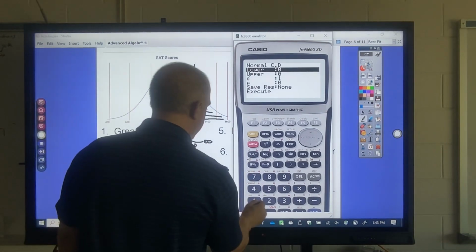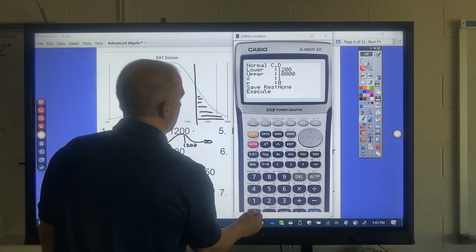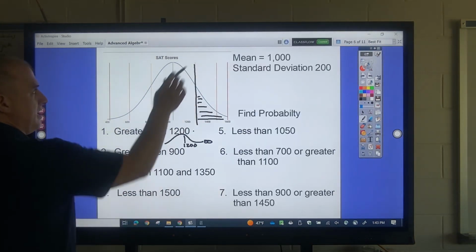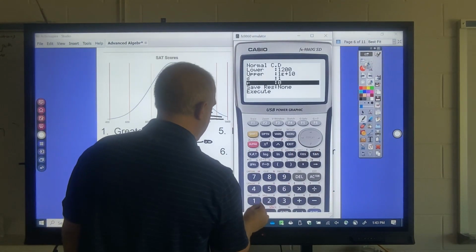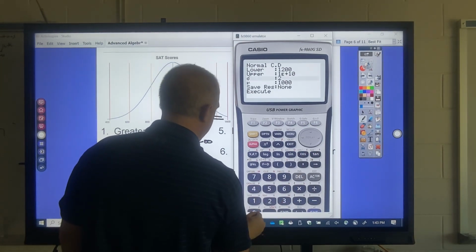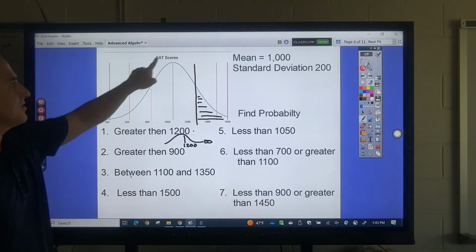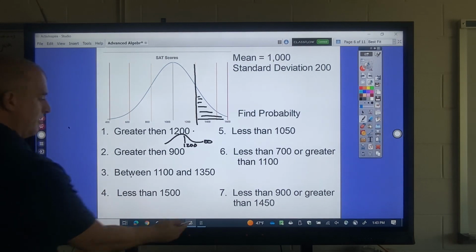So my lower, I'm going to put 1200. My upper, I'm just going to put a bunch of ones and zeros. The mean is 1,000, and the standard deviation is 200. What does that mean? The average SAT score is 1,000, and the standard deviation is 200.